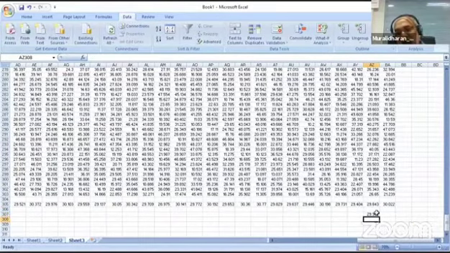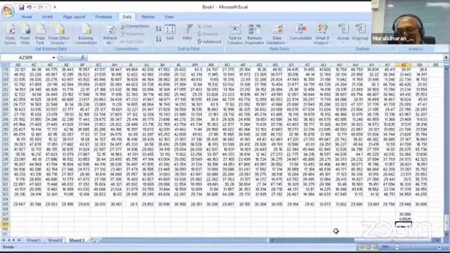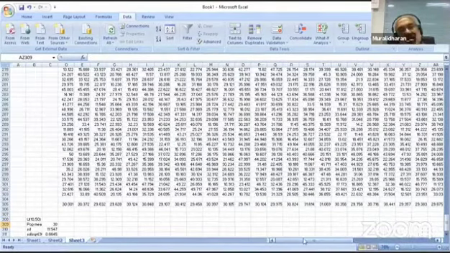It's almost 30. So it's perfect. Let me also calculate the standard deviation. Okay, standard deviation of the same means. It is .650, and if you see, it is 0.66, it's almost the same.